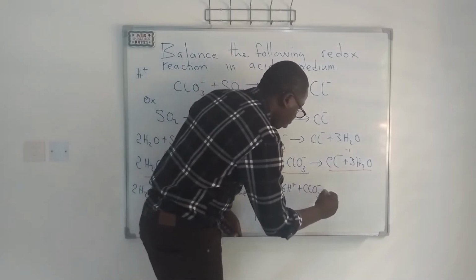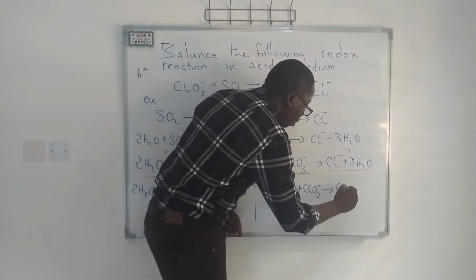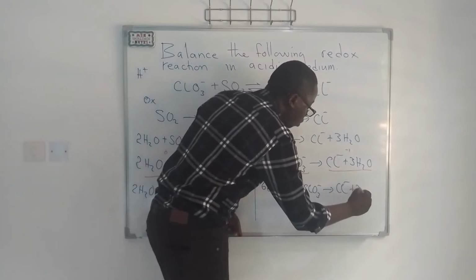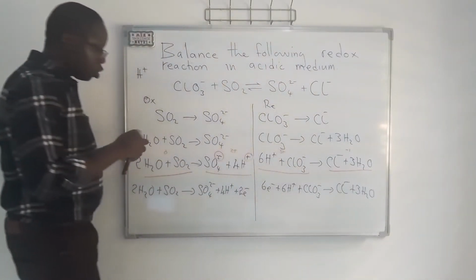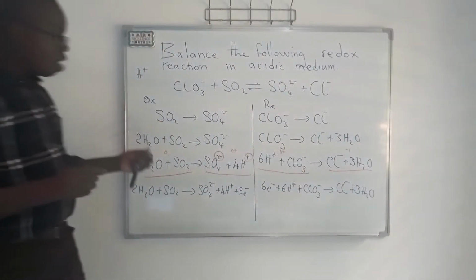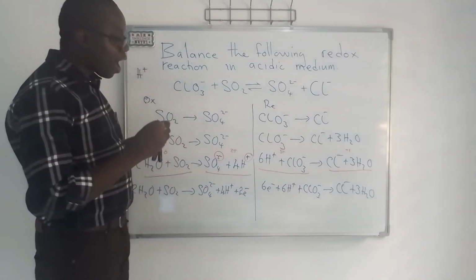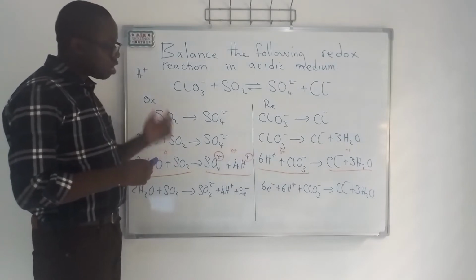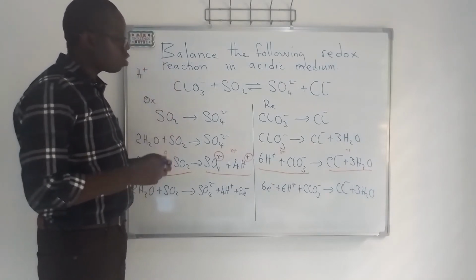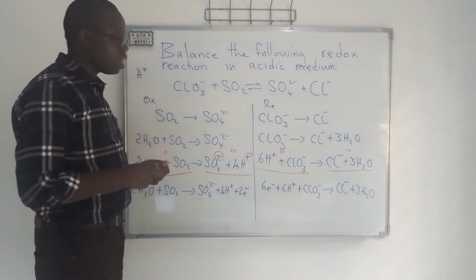So at this point, you will notice that even the charges have balanced. After the charges are balanced, let's see what we need to do next as we are balancing in acidic.